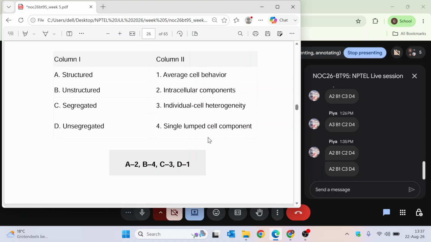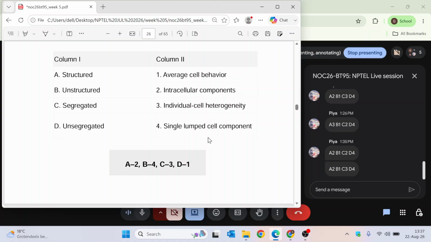It assumes the cell composition is constant. There is not going to be any variations in the cell composition. So therefore it talks about only the cell as one unit. A biomass will behave like that without any differences. So that is the difference between structured and unstructured model. The structured model talks about intracellular components, and the unstructured model talks about average cell behavior.